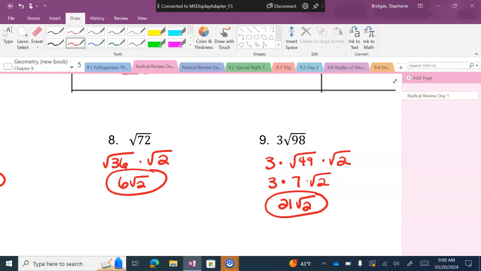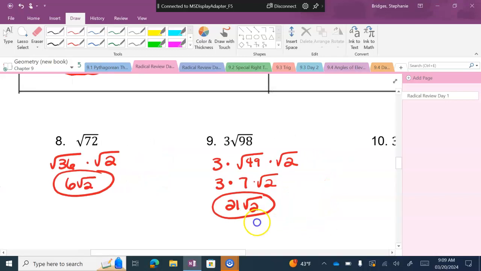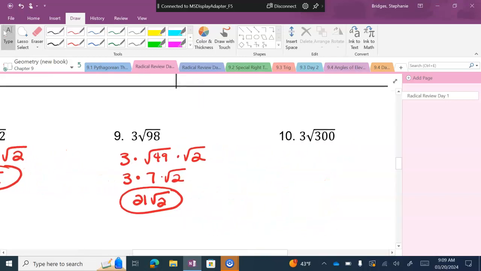Okay. I would keep the 3. What is the square root of 4? 2. Okay. And then the 2 stays under the radical. And then we would multiply. 3 times 2 is 6. So didn't I end up with the same result for 8 after I simplified completely? Okay. So just be careful. Go ahead and try 10, and then we have to flip over and get the back side.